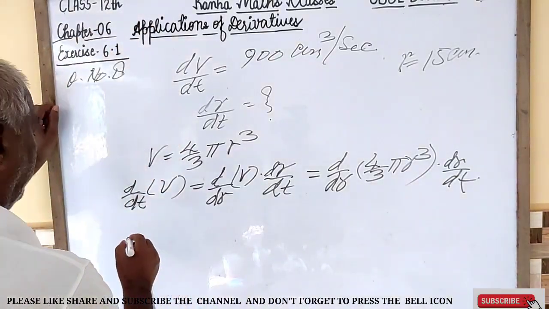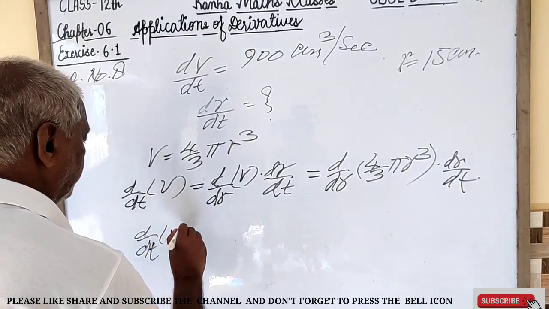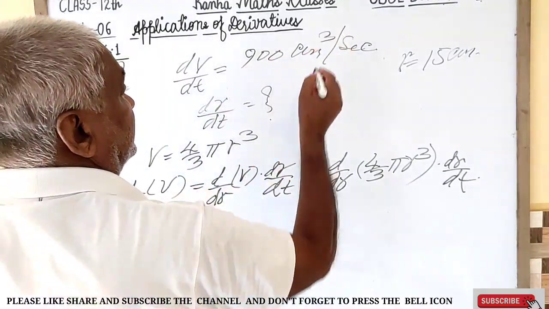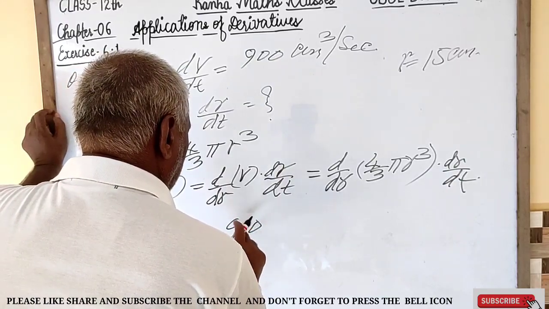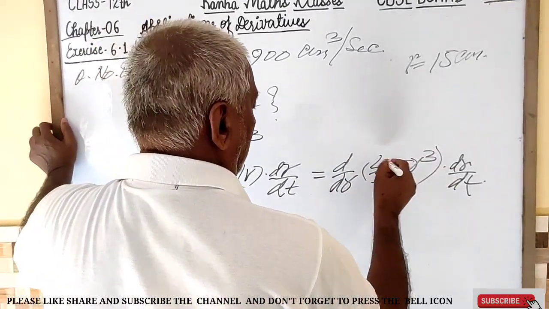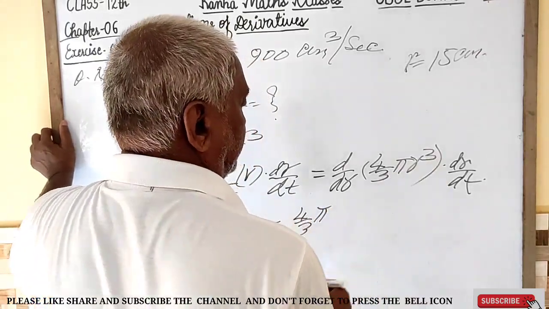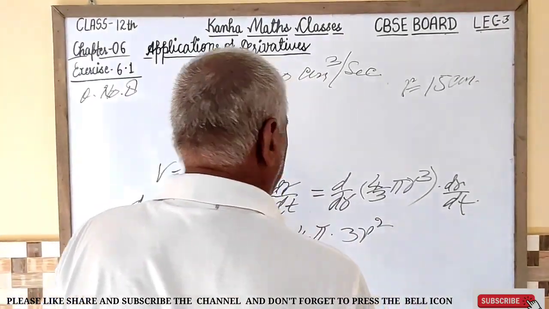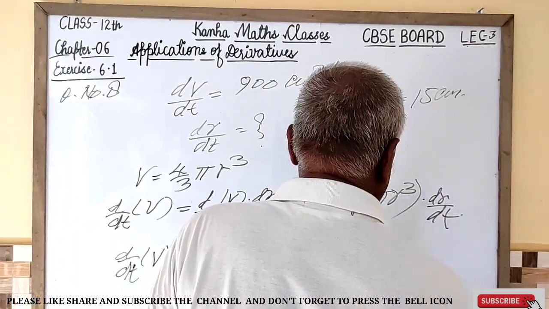Hence we have dV/dt, and that is equal to 900 centimeter cube per second. So 900 is equal to d/dr of 4/3 pi r cube. 4/3 pi is constant, and derivative of r cube means 3r square, into dr/dt.